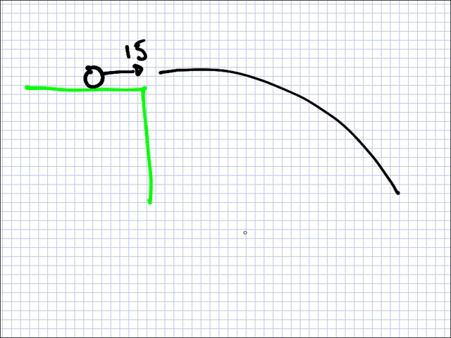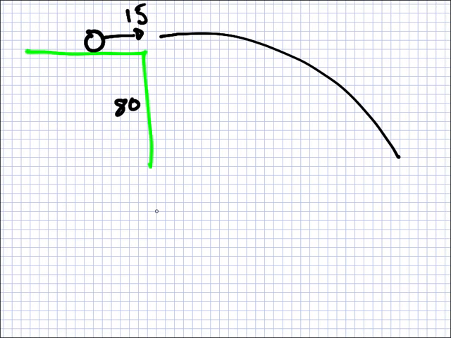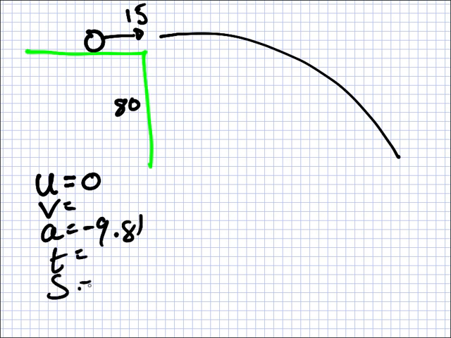What is the time it takes to hit the ground? U is 0. V we don't know. A is minus 9.81. T we don't know. And S is minus 80.